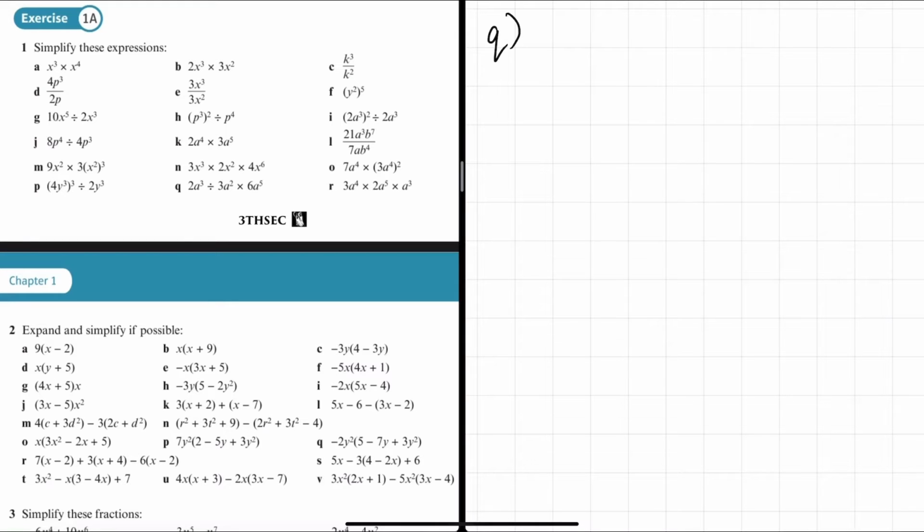Q. 2a cubed divided by 3a squared times 6a to the power of 5. So we are going to do division first.